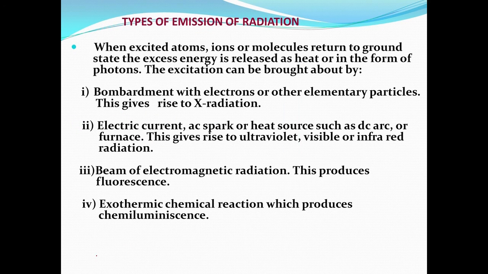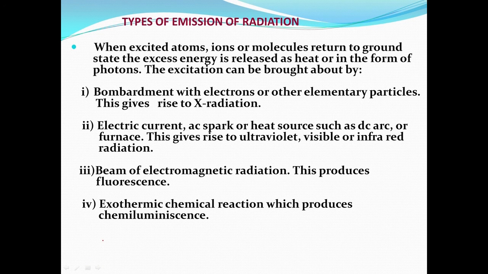So, there are different types of emission radiation. When excited atoms, ions or molecules return to the ground state, excess energy is released, and that is in the form of photons. The excitation we can bring about by bombardment with elementary particles, that gives rise to X-ray, electric current, AC spark, etc. A beam of electromagnetic radiation can also be used for excitation.